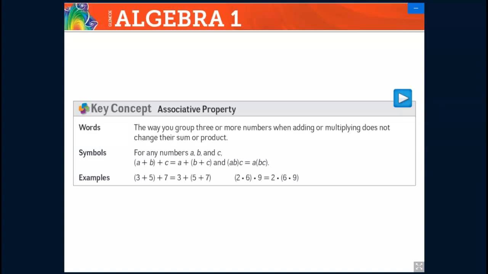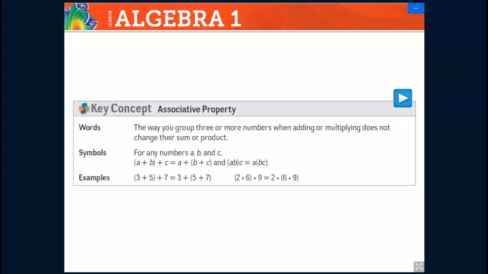The associative, this is grouping. Associative is grouping. So think about if you associate with your friends. That puts you in a group of friends. Associative is grouping. So you're filling in those blanks the way you group 3 or more numbers. A plus B plus C is equal to A plus B plus C, but the parentheses change.